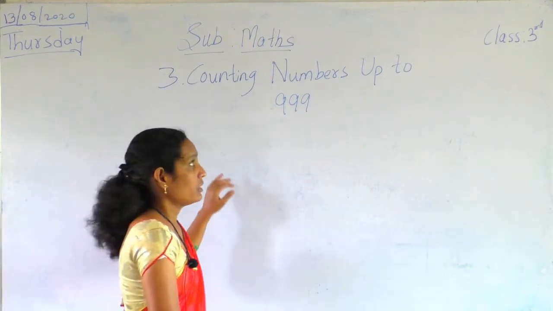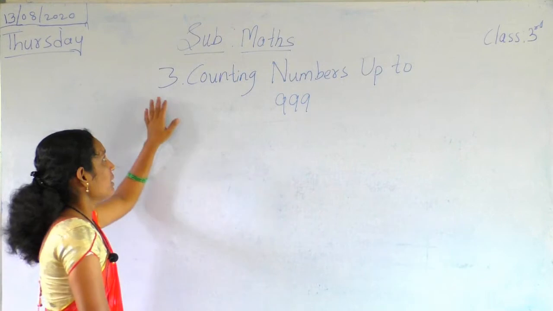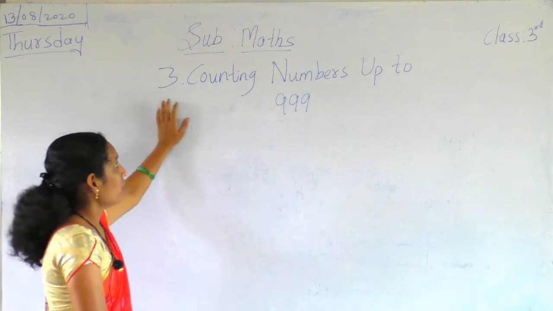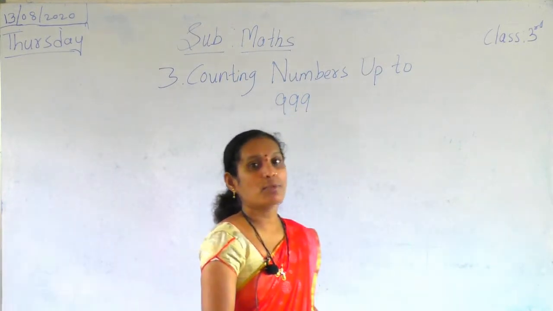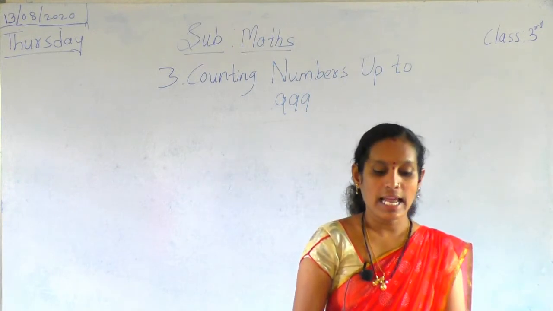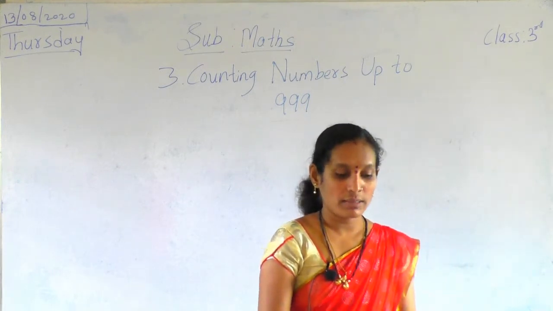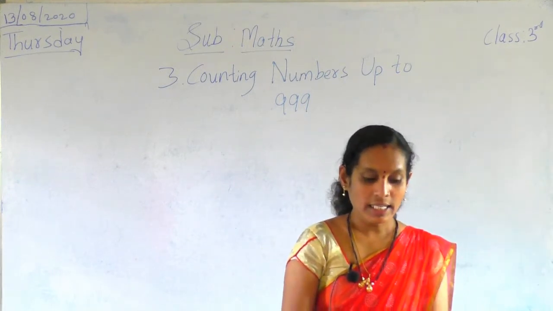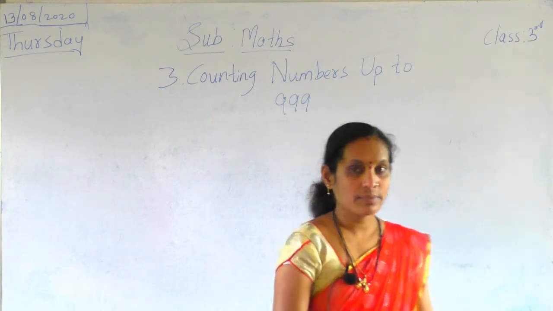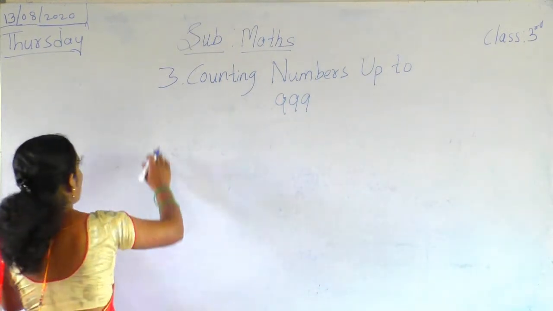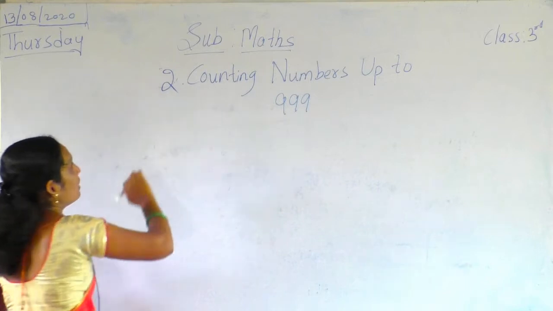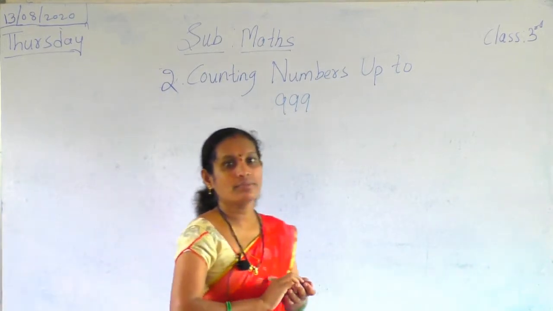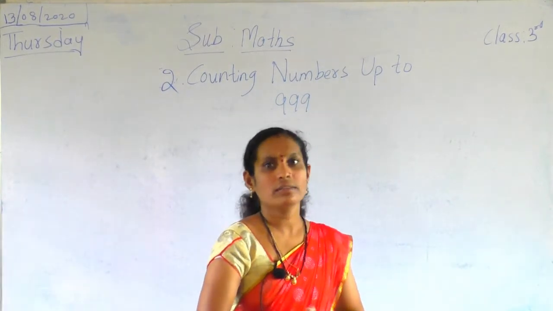Already we started third chapter, counting numbers up to 999. Sorry, this is the second chapter. In this chapter, what you learned?